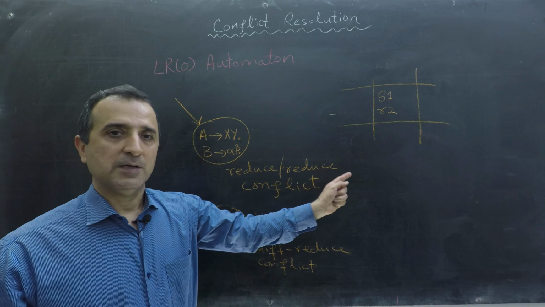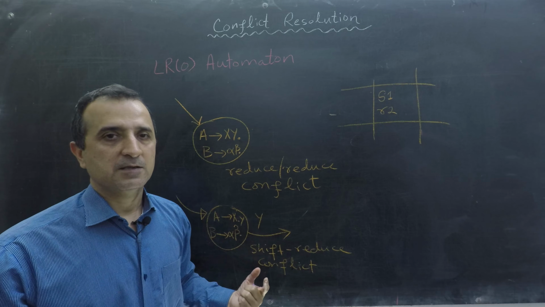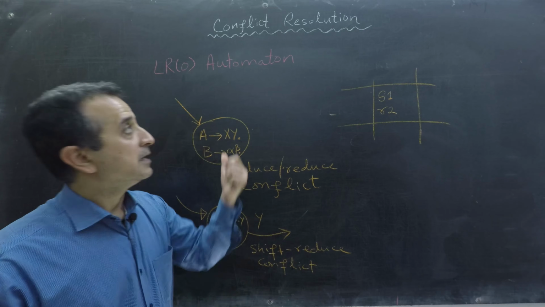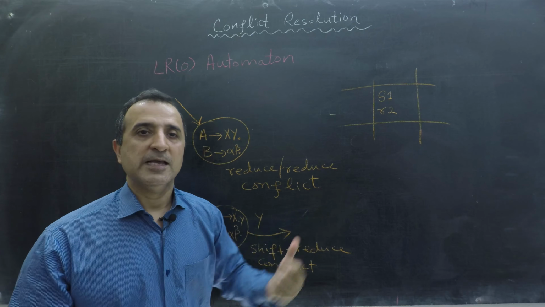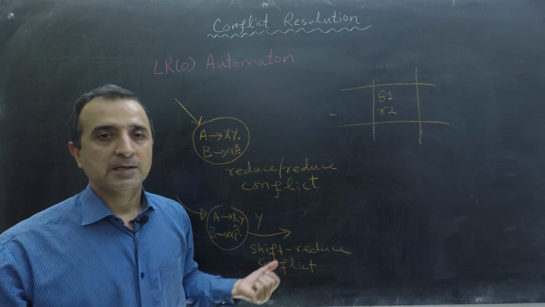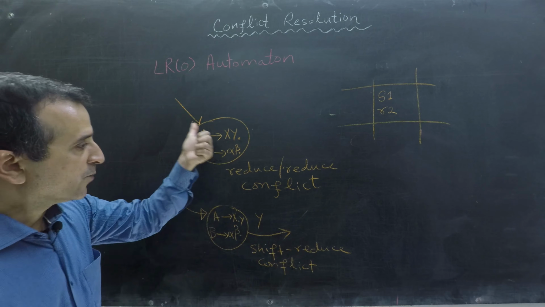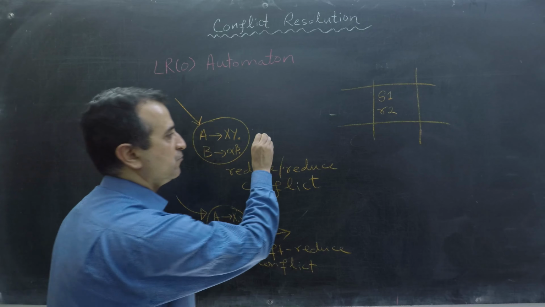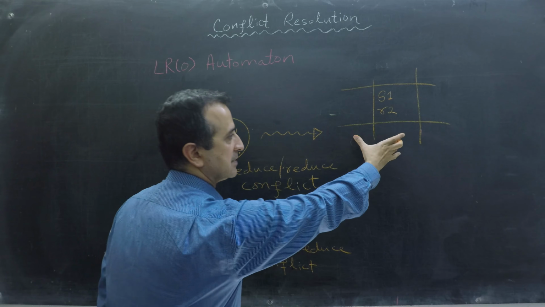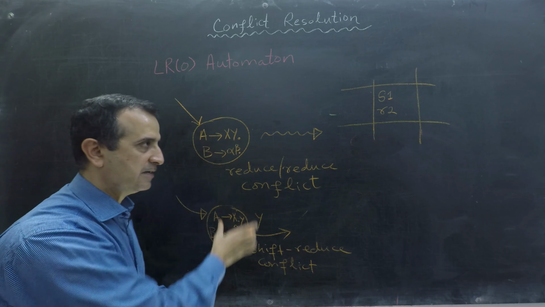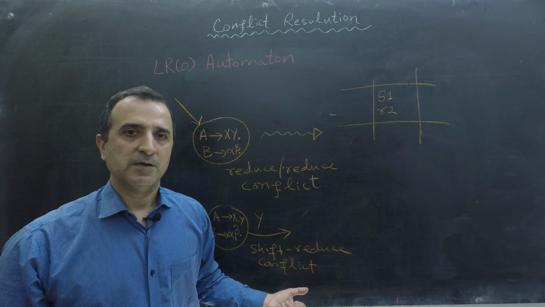And if this parsing table is of an LR0 parser, then I will say that my grammar is not an LR0 grammar. And if this parsing table is of an SLR parser, then I will say that my grammar is not an SLR grammar. So we might have conflicts in the automaton, but we will apply some conflict resolution strategy and then create the parsing table. So it's possible that I have conflicts there, but in the parsing table I have no conflicts. In that case, I can use such a grammar for my parsing.